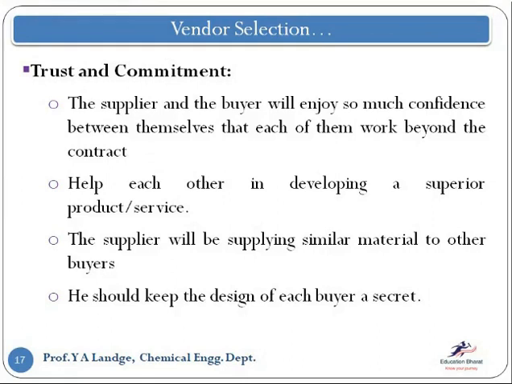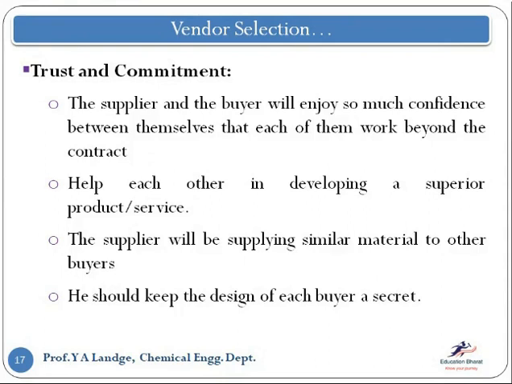So here, these things should be kept very much in mind, because in the last lecture I gave the example of TVS. TVS is a company supplying components for automobiles. It may supply to Hyundai, and it may supply to Maruti Suzuki too.